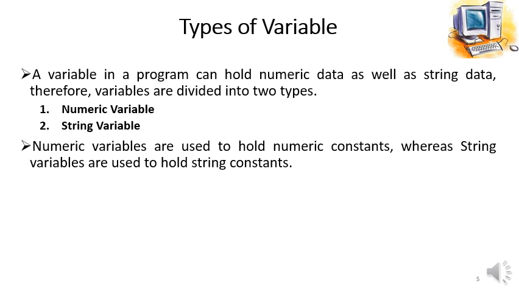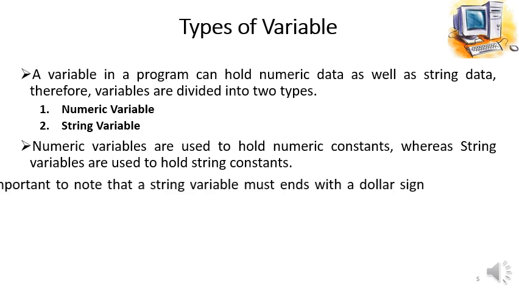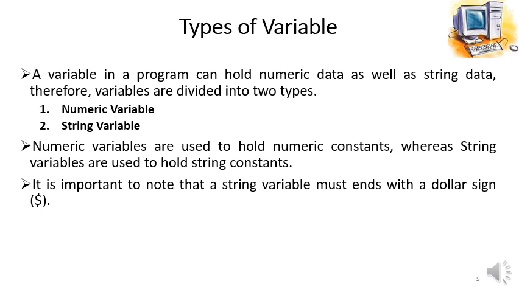Numeric variables are used to hold numeric constants, whereas string variables are used to hold string constants. It is important to note that a string variable must end with a dollar sign. So this is the identity of a string variable: the variable name which ends with the dollar sign will be considered a string variable.